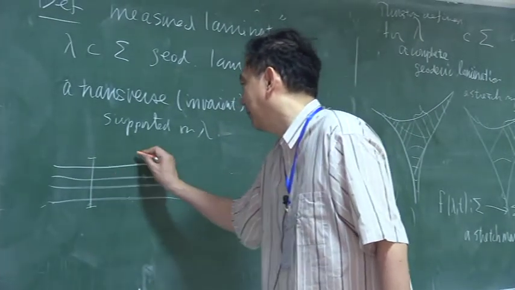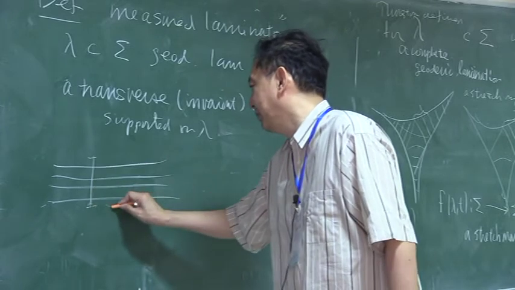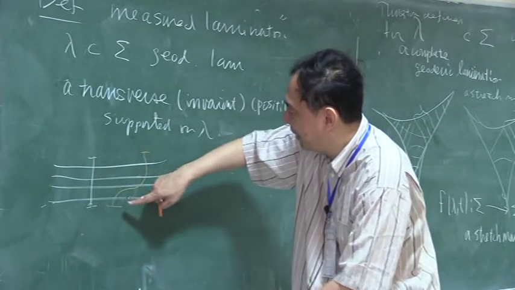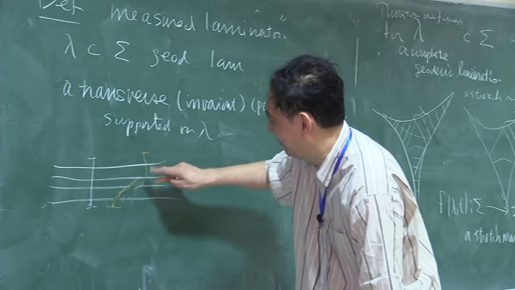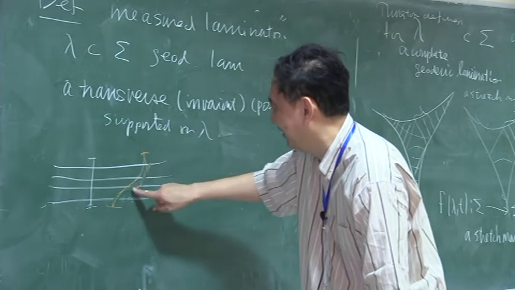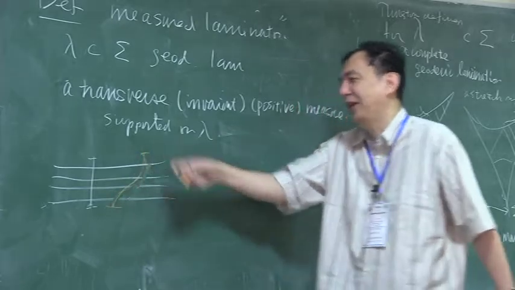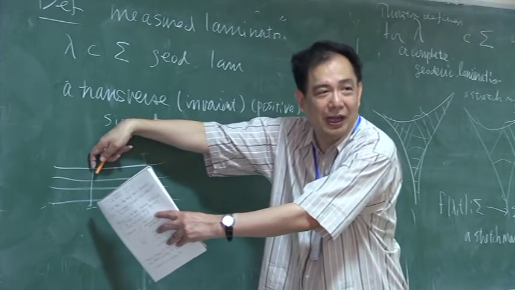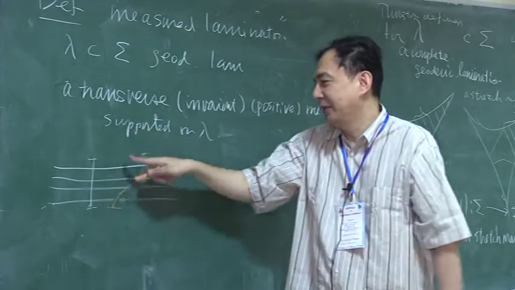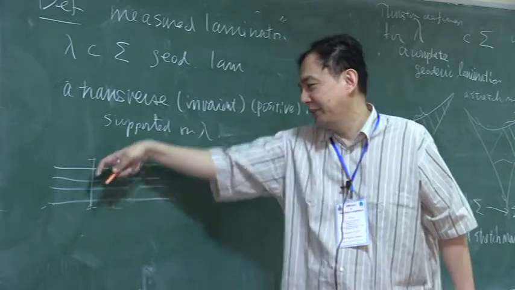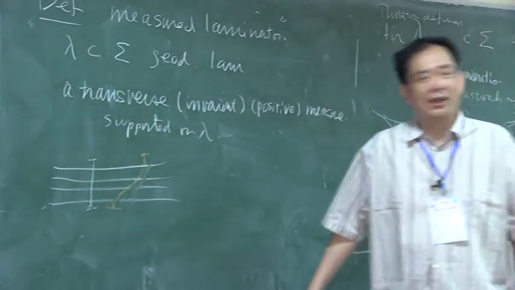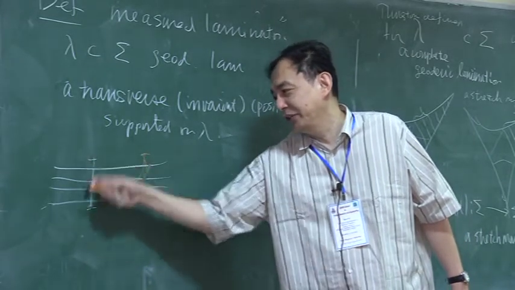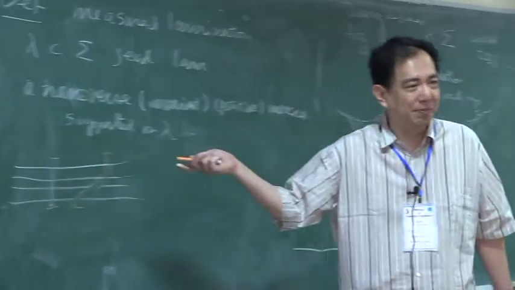So the measure of this arc is the same as the measure of this arc. Maybe it's better to write it like that, because it looks like it's tangent at this point, so this should be like that. If you translate this arc so that there's no non-transverse intersection, so the picture should be like that, then the value of the measure here and the measure here are the same.